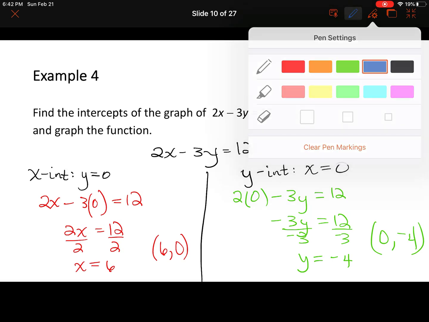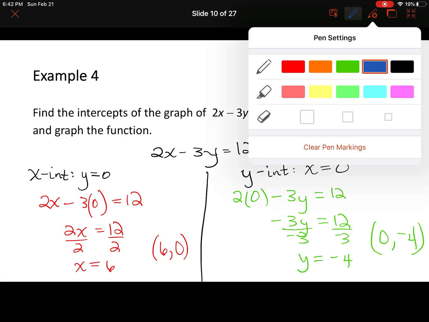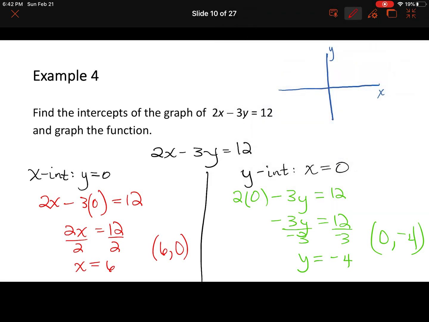And it said graph the function. Graphing the function. Draw this quick little Cartesian plane. Go ahead and plot your intercepts. I'm going to plot my x-intercept. I have x value of 6. 1, 2, 3, 4, 5, 6. Boom.